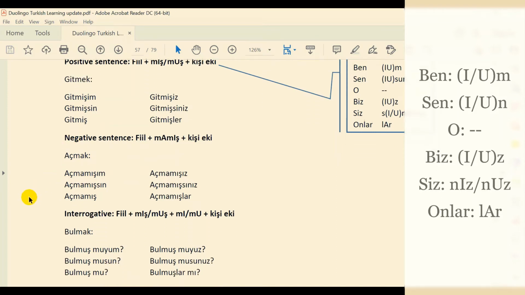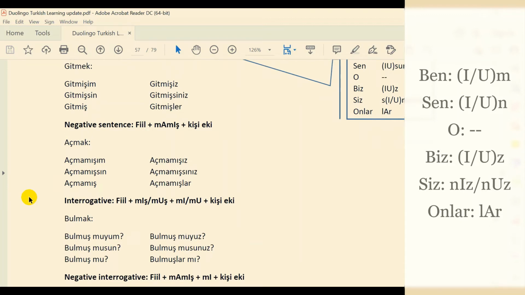Let's go to study the interrogative form. Well, the interrogative form is also very easy. You only add the question suffix. That is very easy, and you know where to add the question suffix. You add the question suffix prior to the personal suffix. The remaining structures are the same.